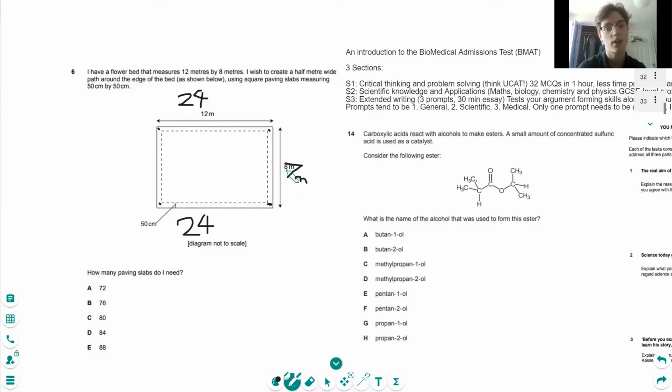How many paving slabs can I fit along this side now? I can fit 14, 7 times 2. And I can fit 14 here. How many paving slabs must I need in total then? It's 24 plus 24 plus 14 plus 14. So that is going to be 48 plus 28, which is equal to 76.